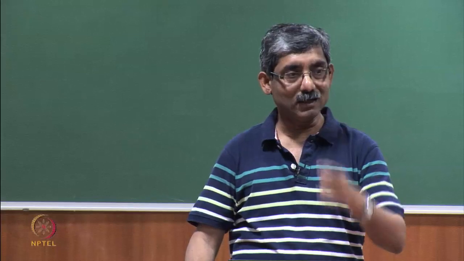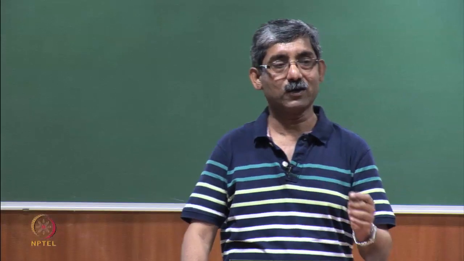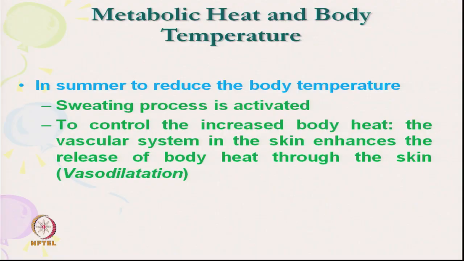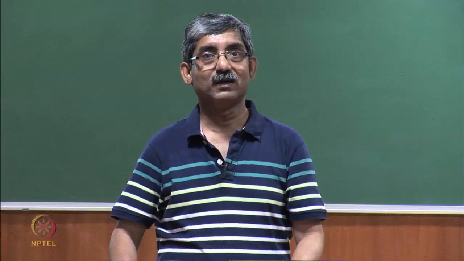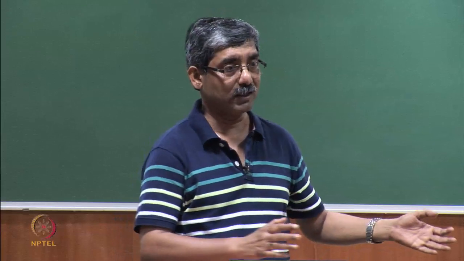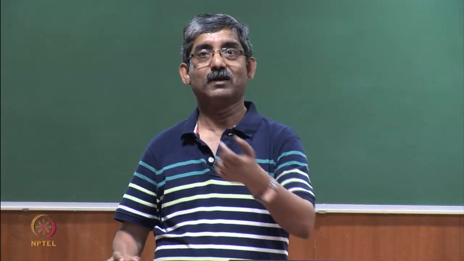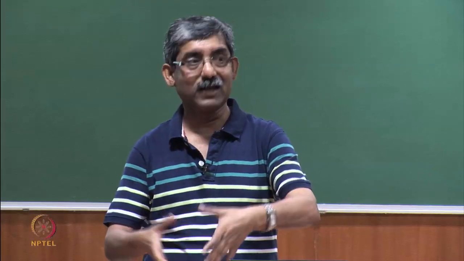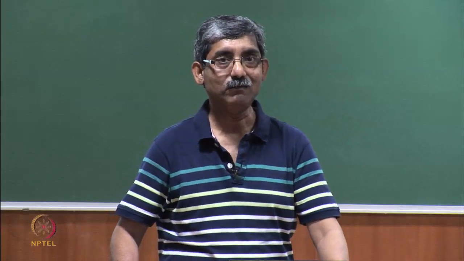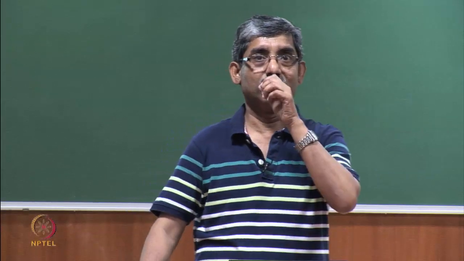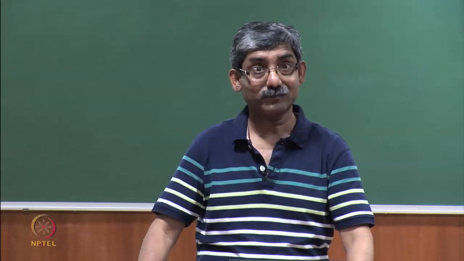But here in summer we need to enhance the release of body heat, and through the vascular system we release the heat by the dilation of the blood vessels. This is called vasodilation.